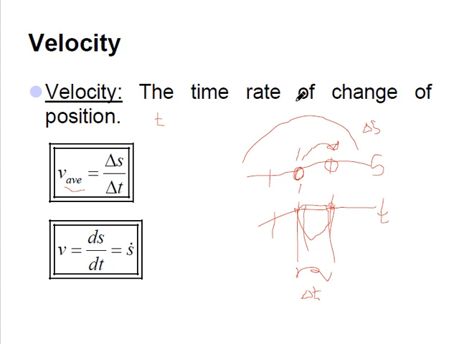Even though we call it the rate of change of position, formally this delta S is your displacement. So we can also say displacement over the change in time, or displacement over time interval.